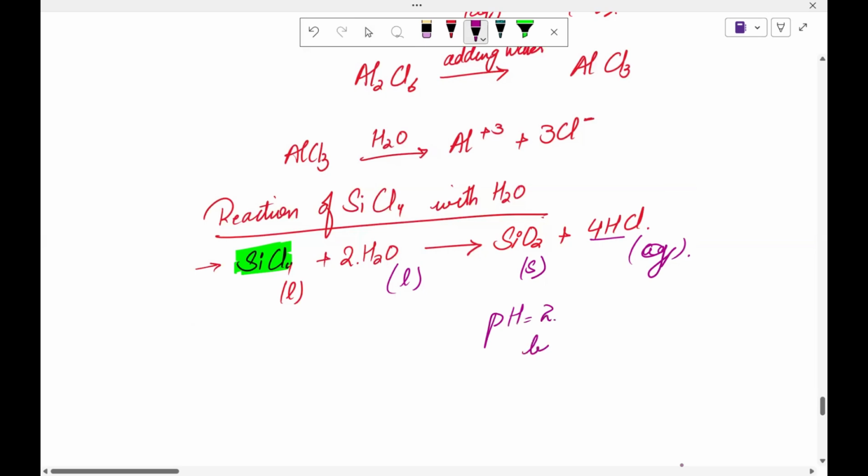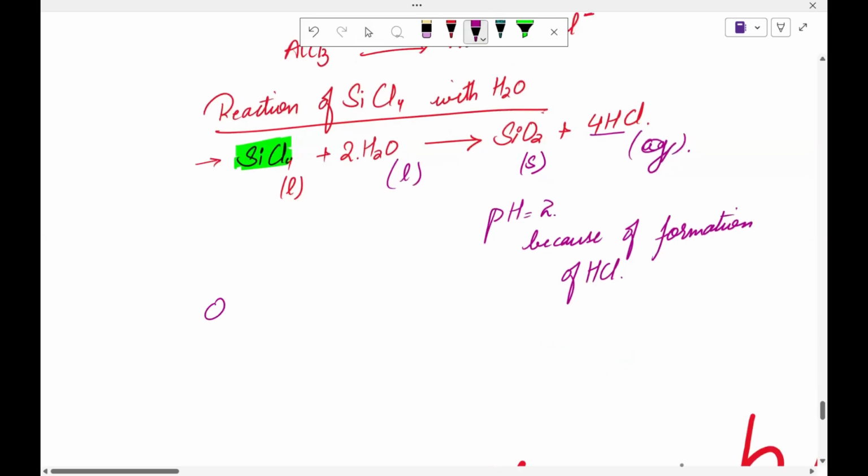Why? Because of the formation of HCl. And what are the observations? White fumes are produced. And why are white fumes produced?